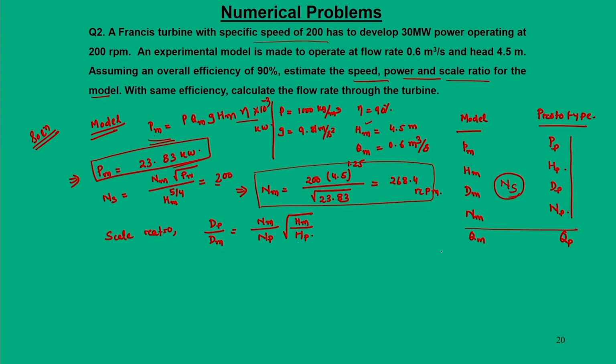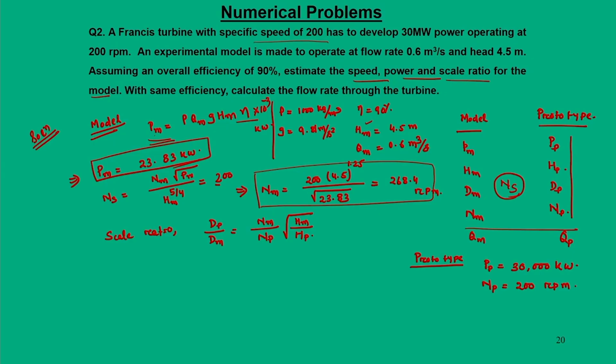Now, for the prototype we have PP is equal to 30 megawatt or 30,000 kilowatt, NP is equal to 200 RPM.